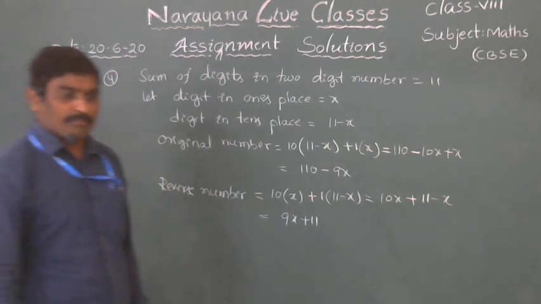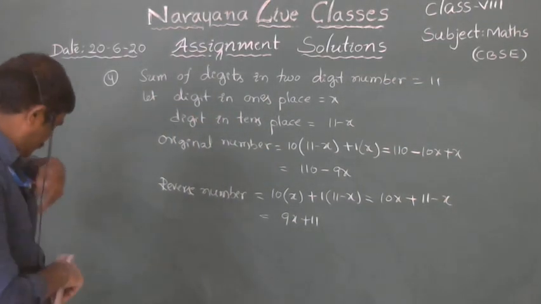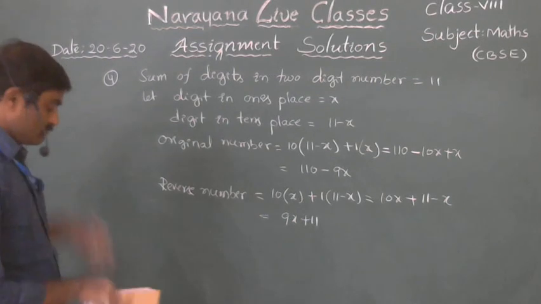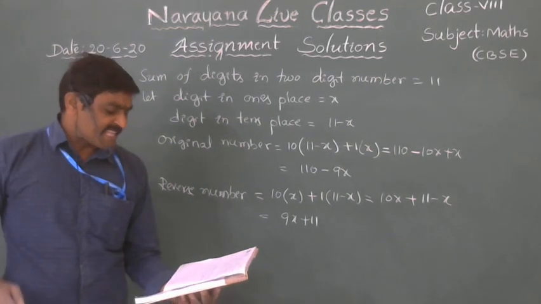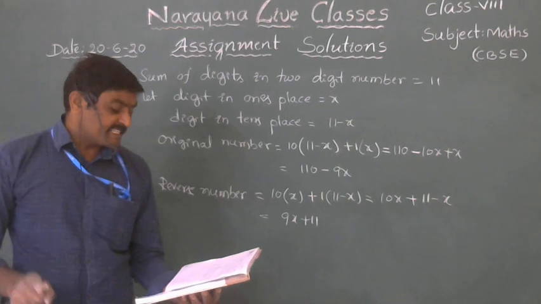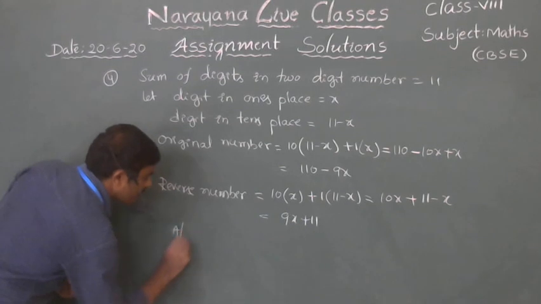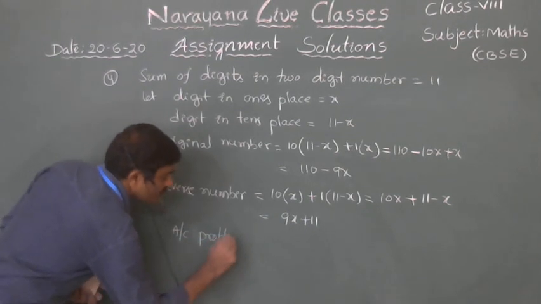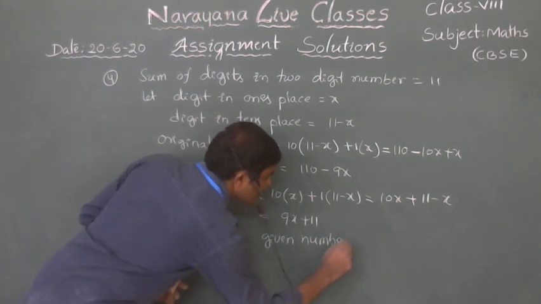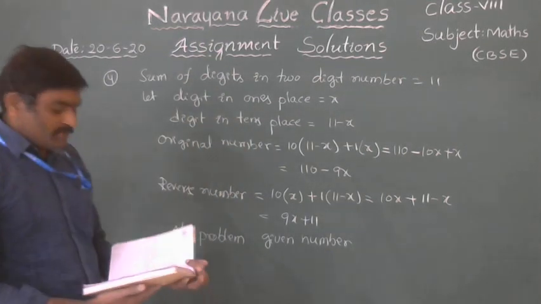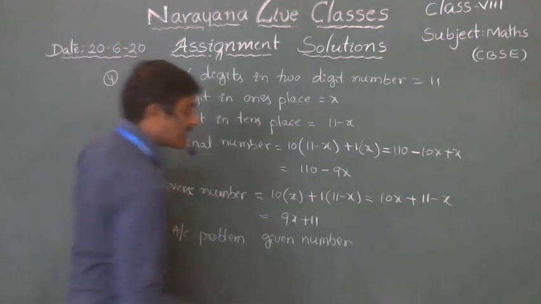Now according to the problem, what is given? The given number is less than the number obtained by interchanging the digits by 9. That means reverse number minus 9.